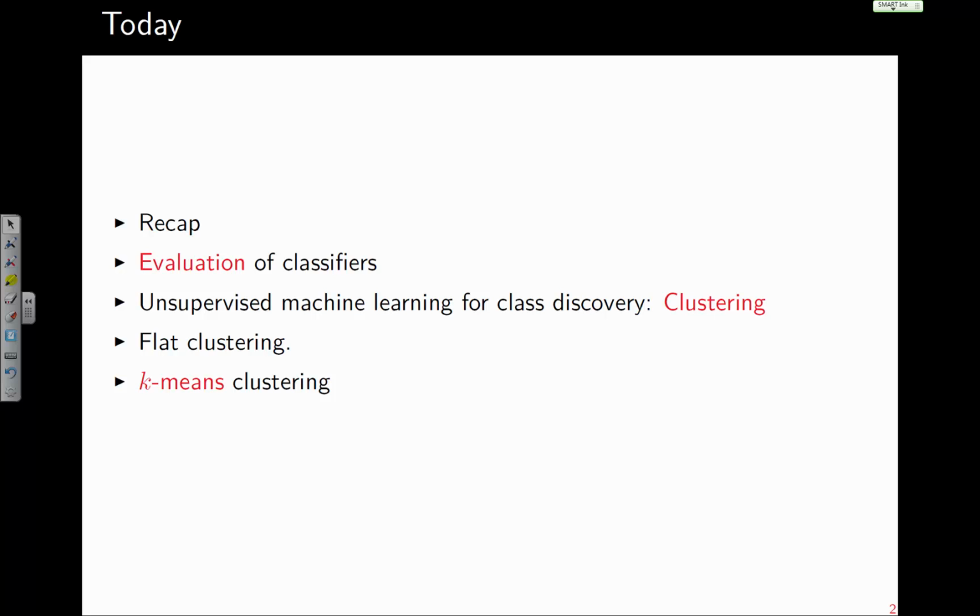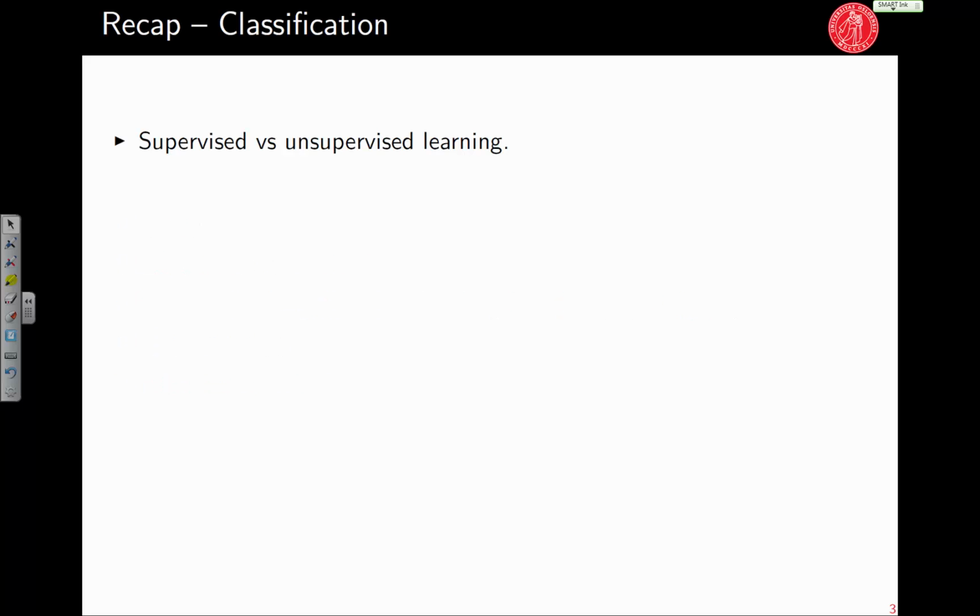to clustering later on. So last week we introduced the concepts of supervised and unsupervised learning, where we had classification as an instance of supervised learning, meaning that we have a set of training examples which we can use to learn how to predict or classify new unseen examples.